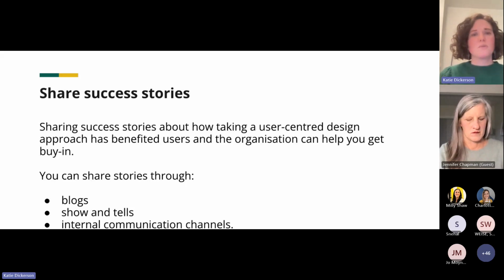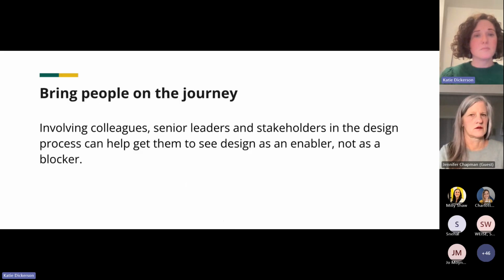You can do this through blogs or show and tells or internal communication channels, but really using storytelling techniques to show the benefits of a user-centered design approach. Particularly when it comes to user research, being able to share stories of actual users and things that they've said and challenges that they've experienced can be really powerful.